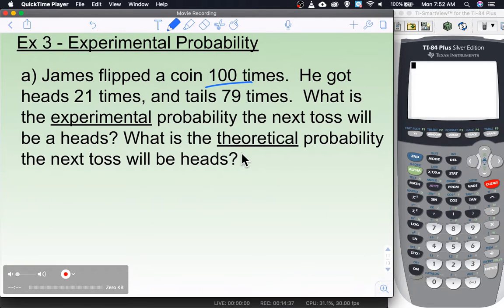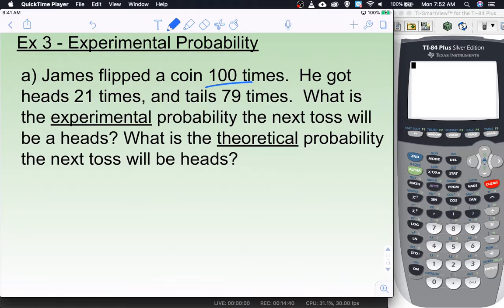Okay, so based off the experiment, the formula is still kind of the same. It's the thing you want over total. Well, we want heads to happen. That currently has happened 21 times based off the experiment, out of a total of 100 flips.